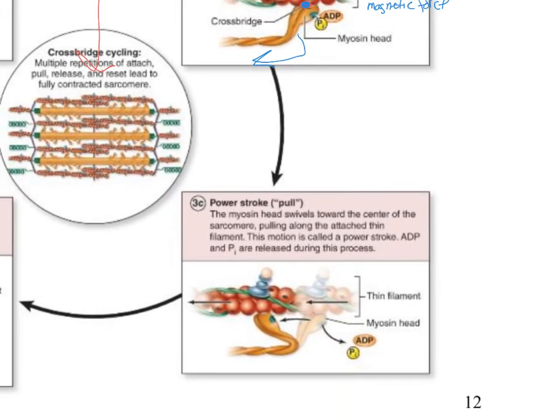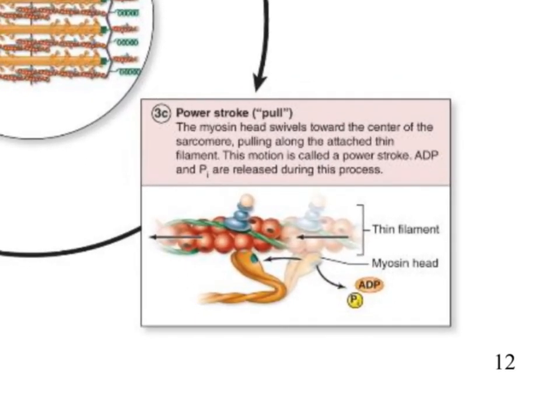So now we've got the power stroke or pivot. This goes forward, and that moves everything towards the center of the sarcomere. As you're doing that, you lose the ADP and the P molecule.